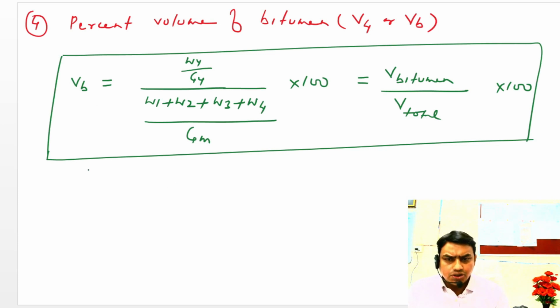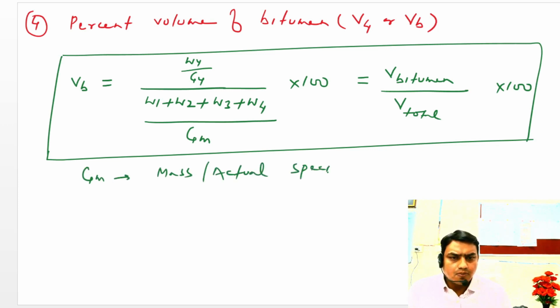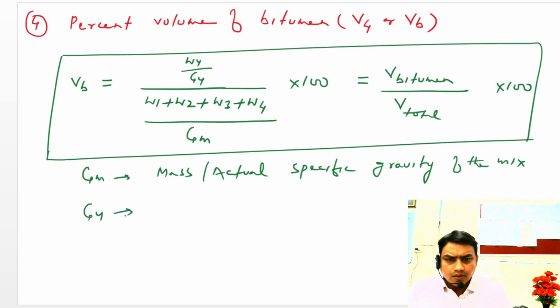So here Gm is the mass or actual specific gravity of the mix. W1, W3, W4 already told. G4 is the apparent specific gravity of bitumen.